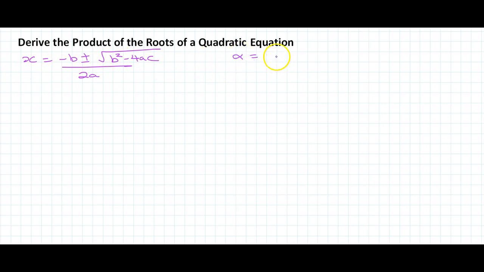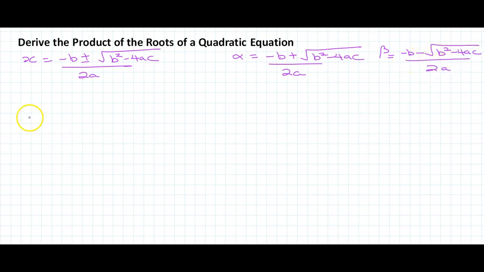Alpha is equal to negative b plus the square root of b squared minus 4ac over 2a, and then we can call the second root beta, which is equal to negative b minus the square root of b squared minus 4ac divided by 2a.